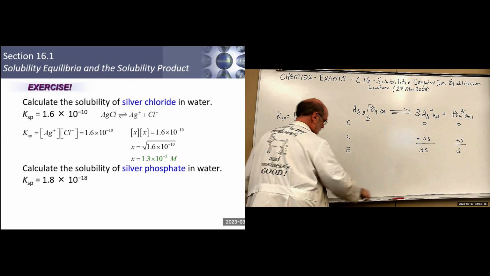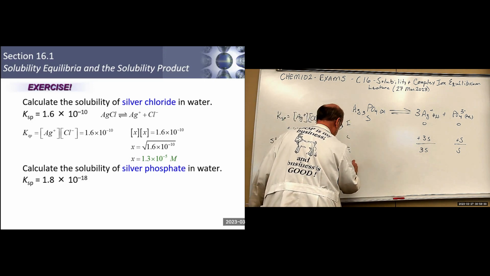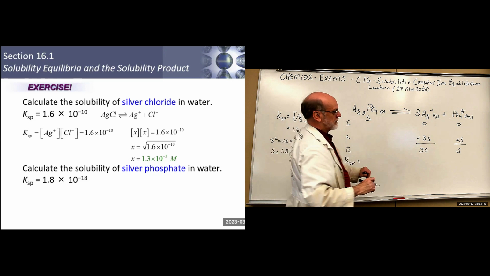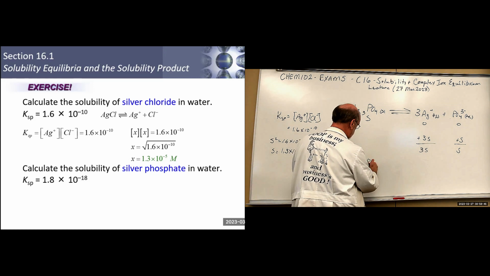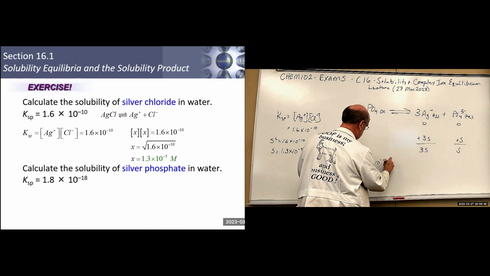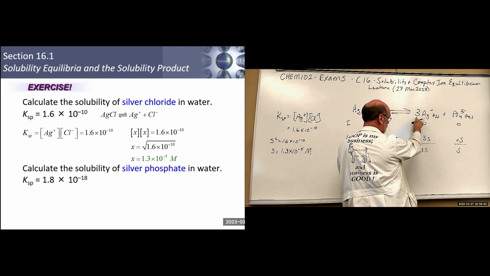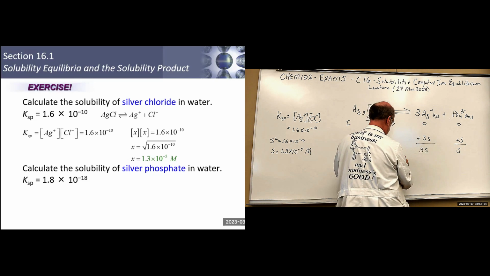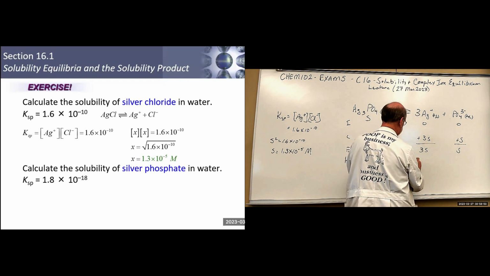Then we fill in our Ksp value: 1.8 times 10 to the minus 18 is equal to 3S cubed and S to the first power.